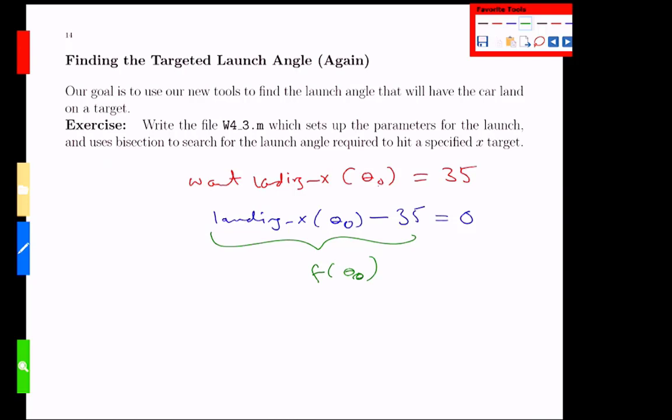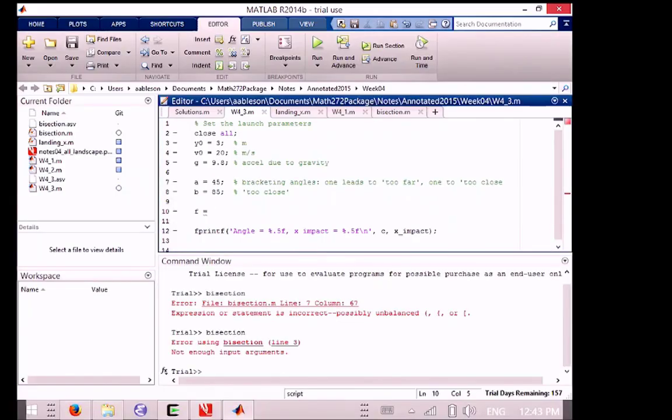And here's how we're going to get the syntax to work for us. So we're going to say f, and here's an ampersand that's going to go in here. It's going to be a function of theta naught, and it's going to be landing x. And now here's where it gets a little bit odd, but we'll work through it. Notice we're being reminded landing x actually has 3 inputs, v naught, y naught, and theta naught. So we have to put all those in, v naught, y naught, and theta naught, and minus 35.